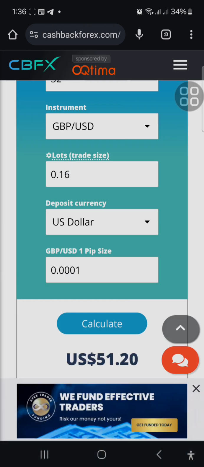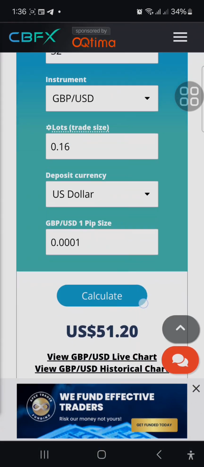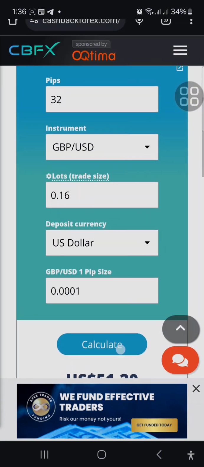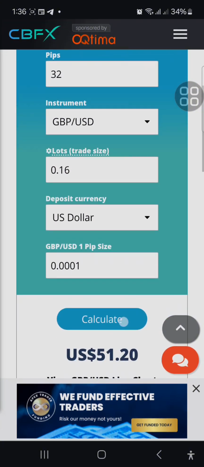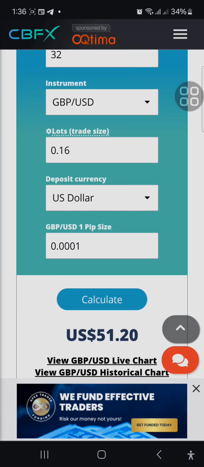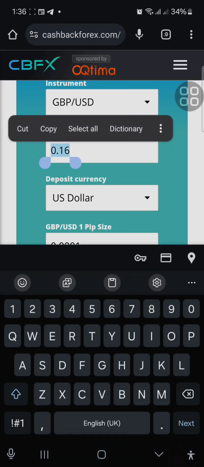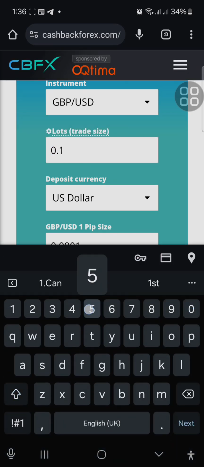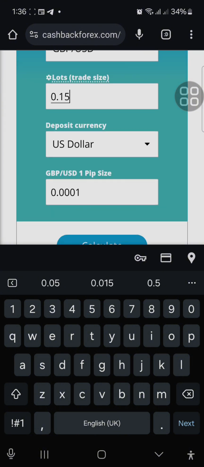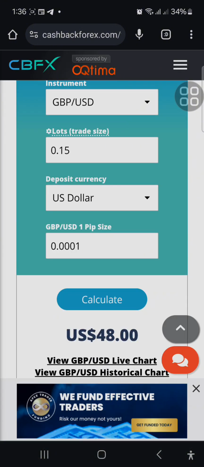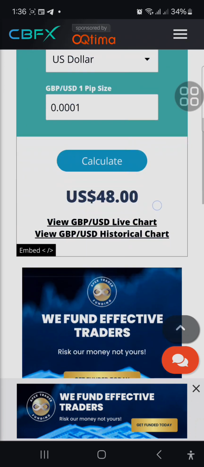Okay, so if I'm okay with $51.20, fine. Or if I do not want it to even exceed $50 at all, maybe I'll just stick with 0.15 and that will be it. You can see it's right here, $48.